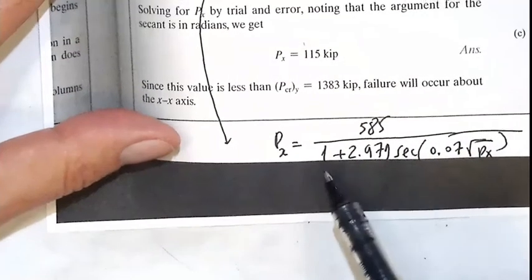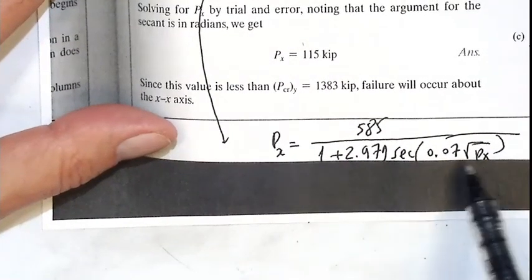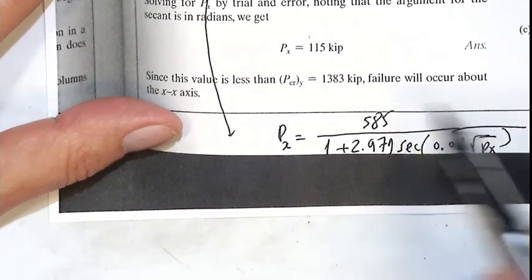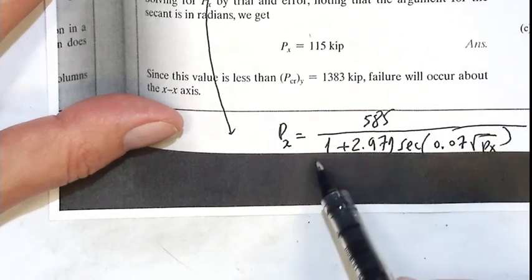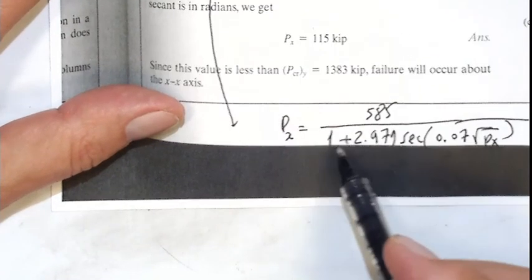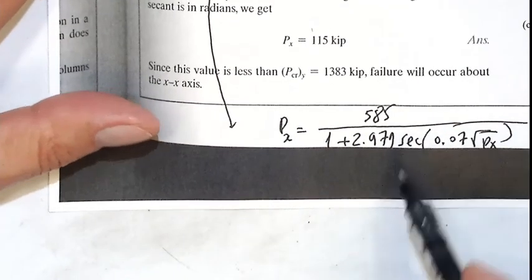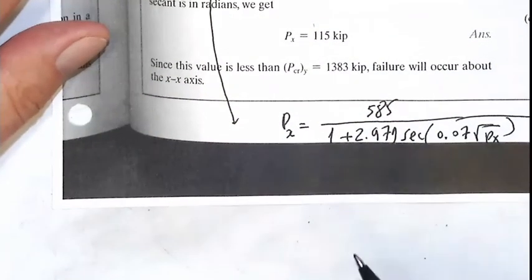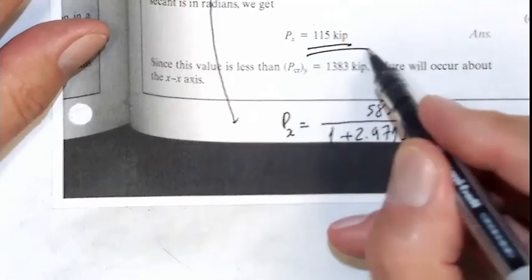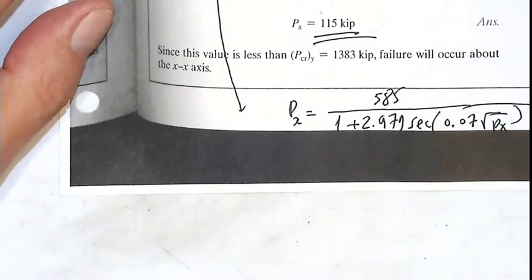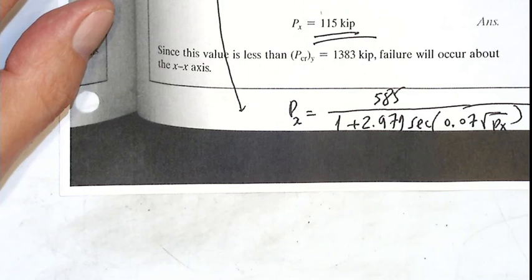First I substitute this as 0, then I get 585. Then I substitute 585 here, and this expression will be the second approximation. Then I substitute again, and I get 115 kips. Please check this well.